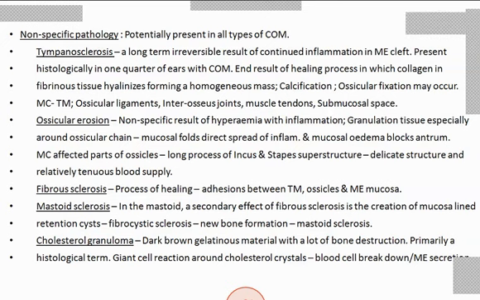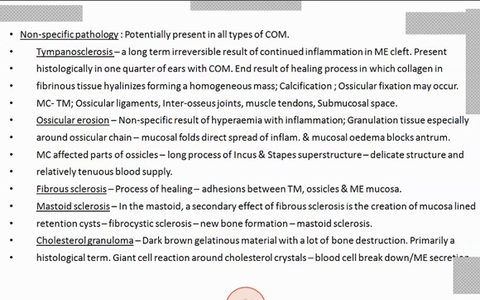And last but not least is the cholesterol granuloma. This cholesterol granuloma is a misnomer. It's not caused by cholesterol. This is the term given to the presence of a dark brown gelatinous material with a lot of bone destruction.